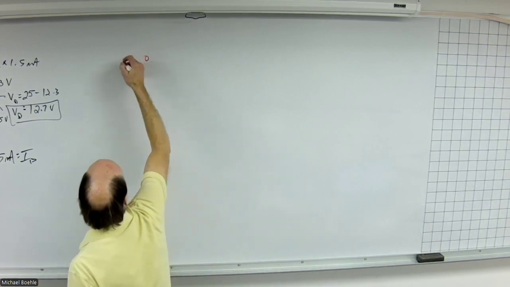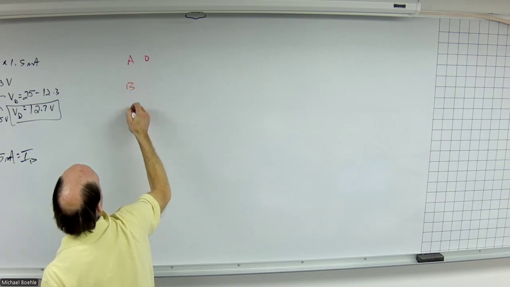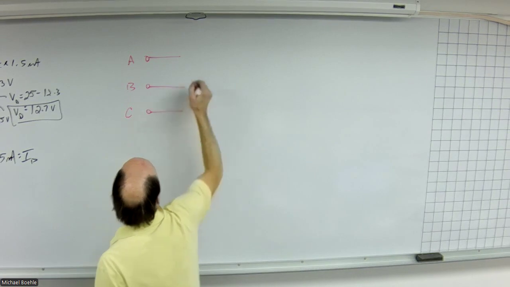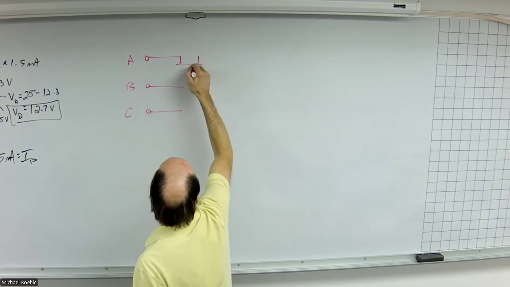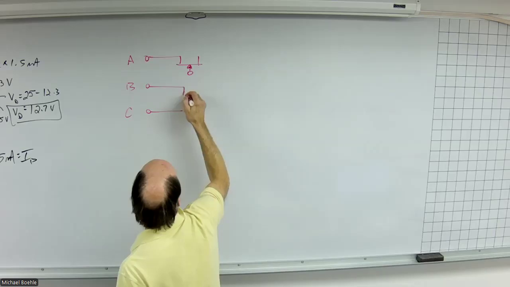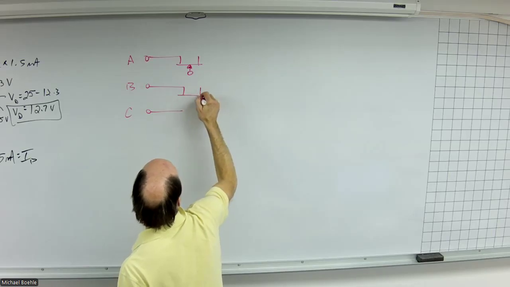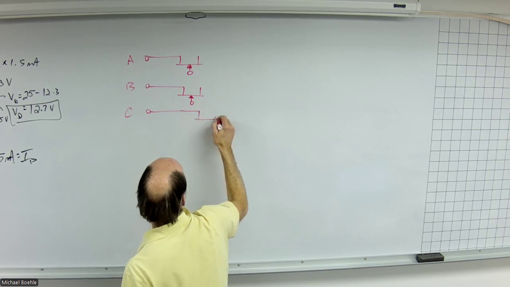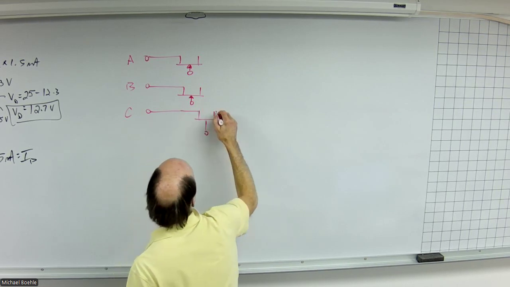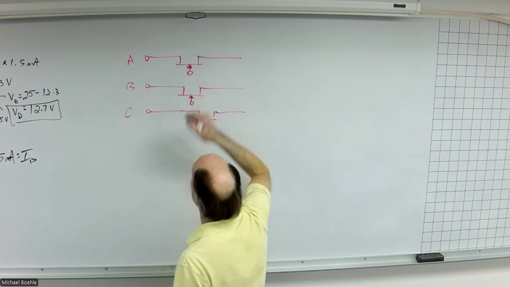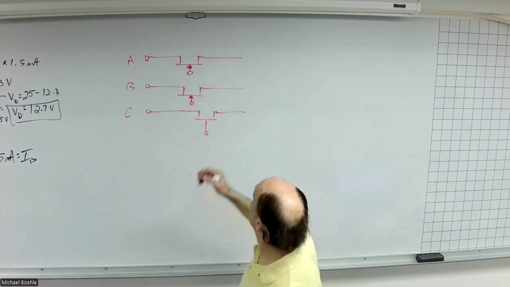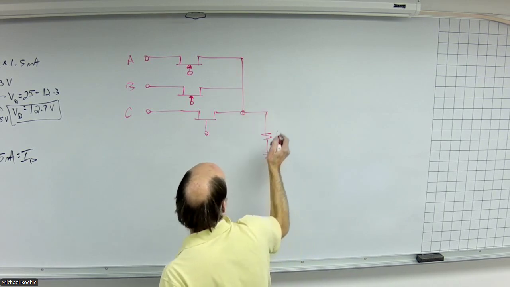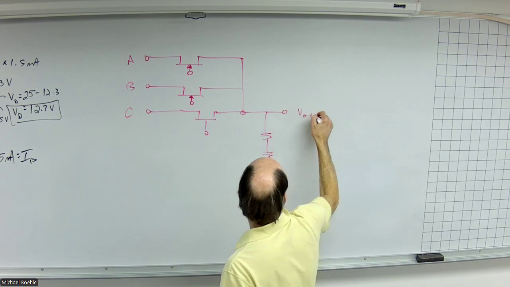So if I have signal A, signal B, and signal C coming in, I can just put a JFET here for each signal, combine them together, and essentially provide an output.